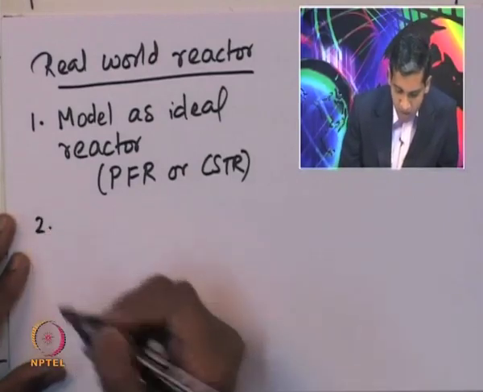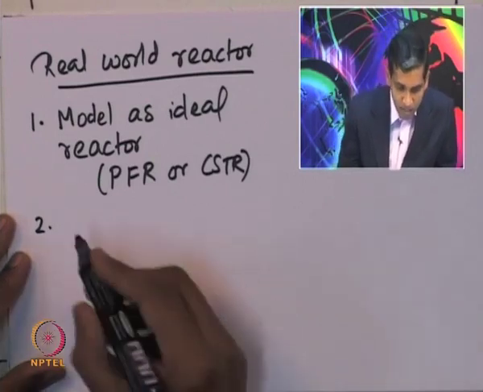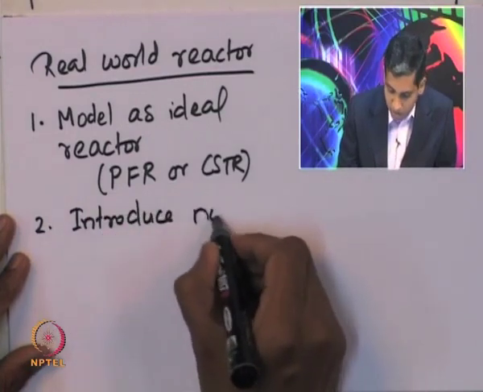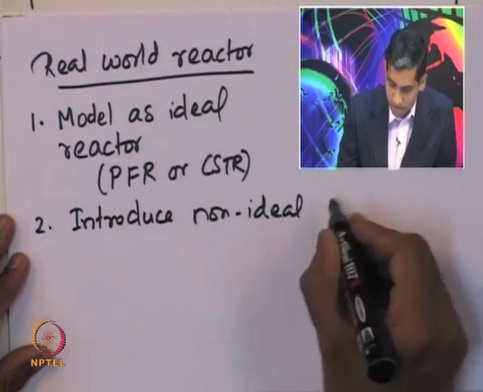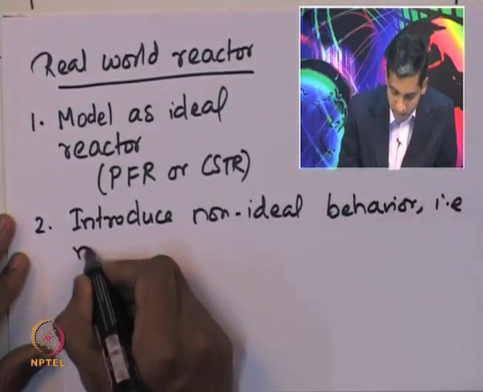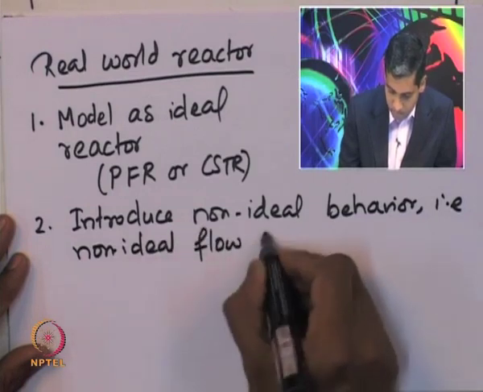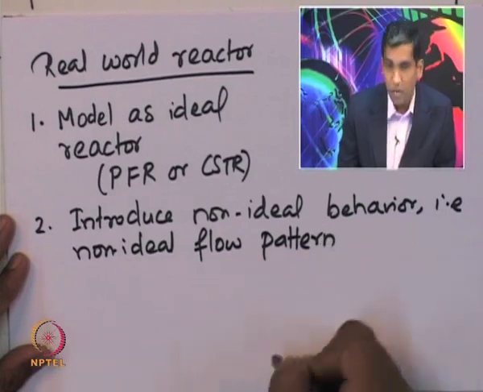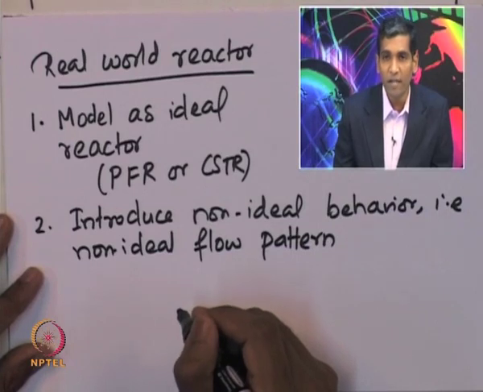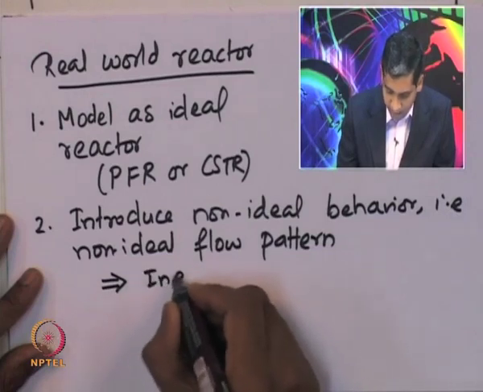And then suppose this model does not predict the actual behavior of the reactor, then one needs to introduce the non-ideal behavior, that is, the non-ideal flow pattern. In order to introduce a non-ideal flow pattern, one has to account for the ineffective contacting.